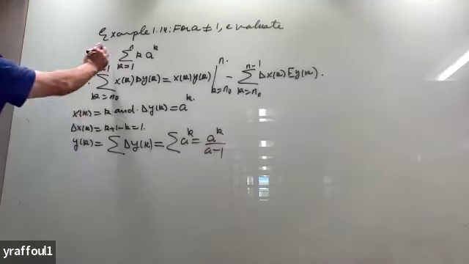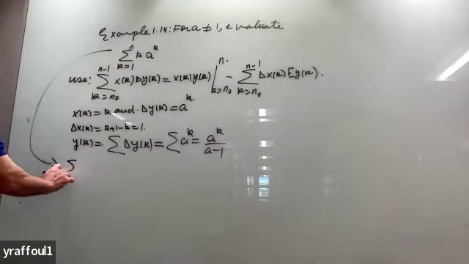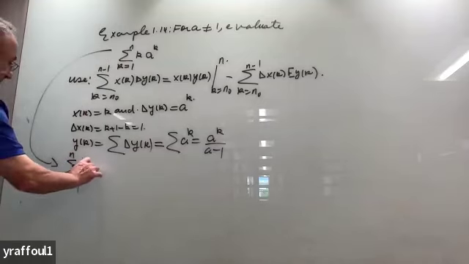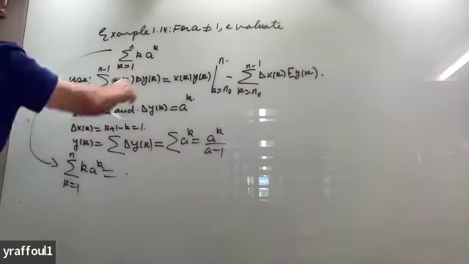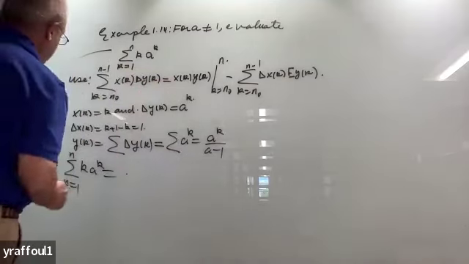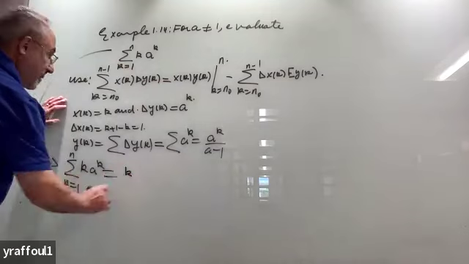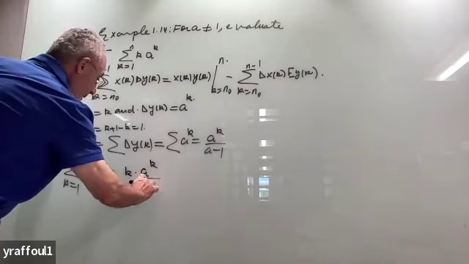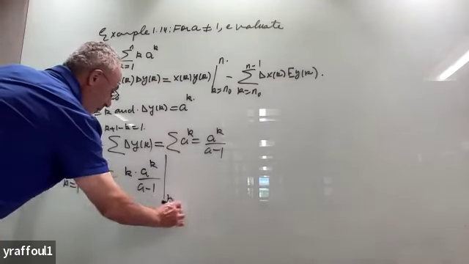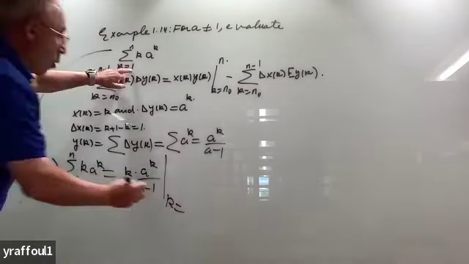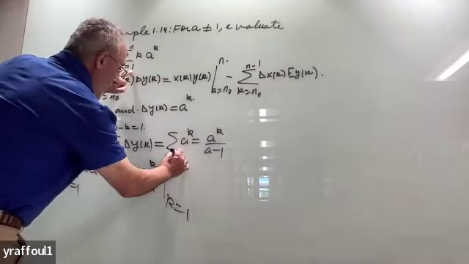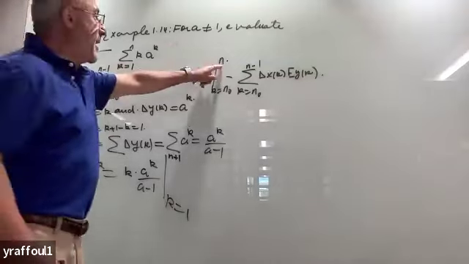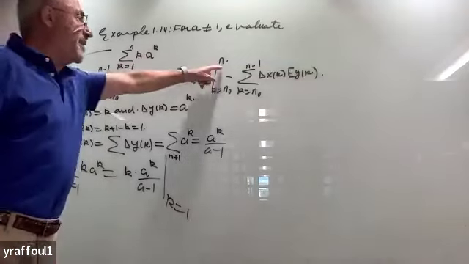So the sum for k equal 1 to n of k a^k, according to this formula, is xk yk, that is k times a^k over a minus 1, from k equal 1 to n plus 1. Remember, you see the formula has n minus 1, you get n. If this is n, you will be n plus 1.